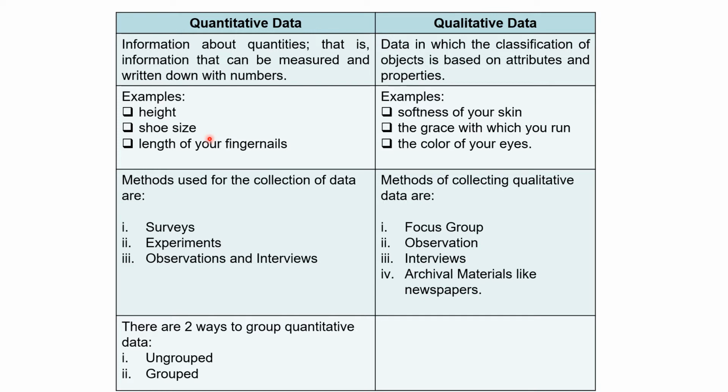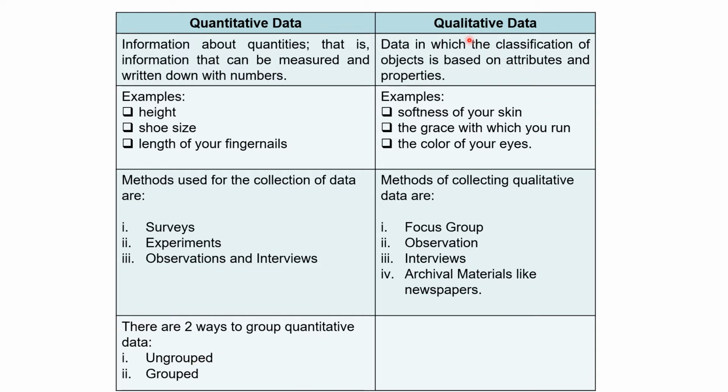You can use survey, you can use experiments, you can use interviews, observation, and so on. And there are two major groups of quantitative data which are ungrouped and grouped. So we will look into how do we calculate mean, mode, median, standard deviation, and variance for these two ungrouped and grouped data later on.